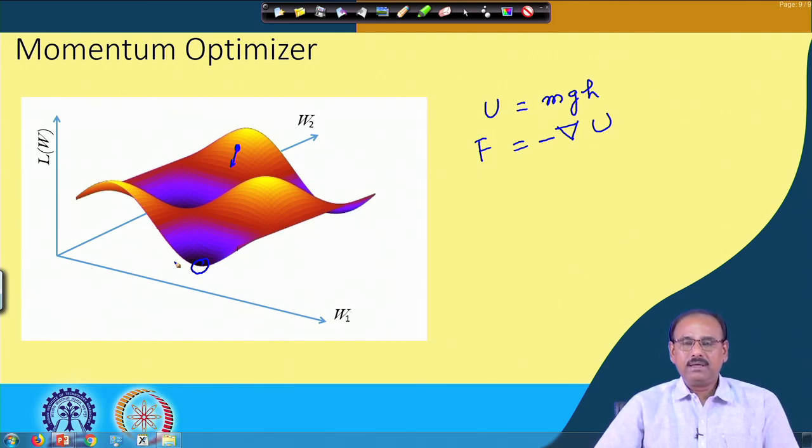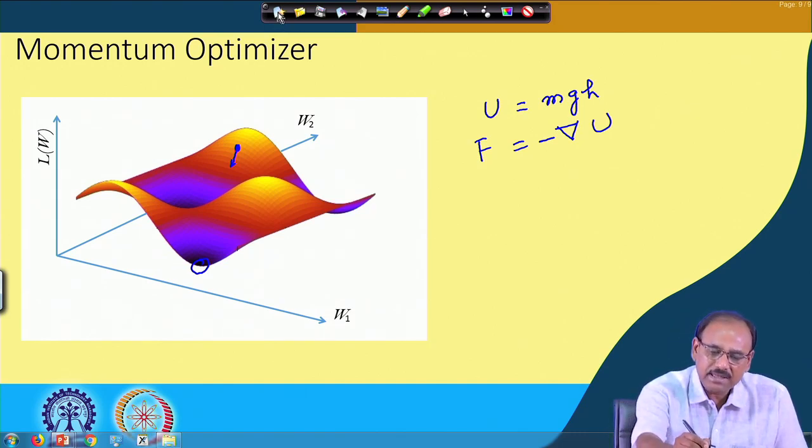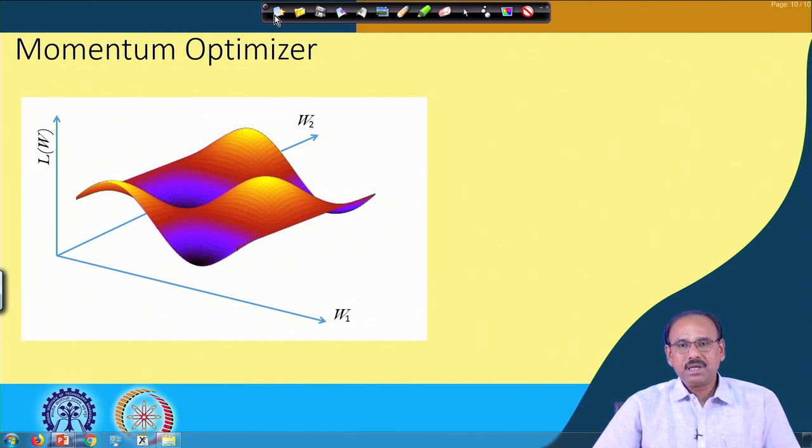The algorithm is fine if the surface is well behaved, or has equal curvature in all the directions. But the problem arises if the surface is not well behaved, or the curvature in one direction is more than the curvature in another direction.